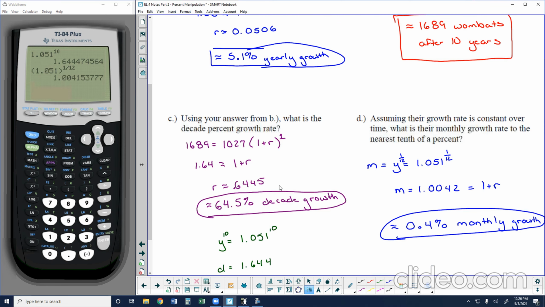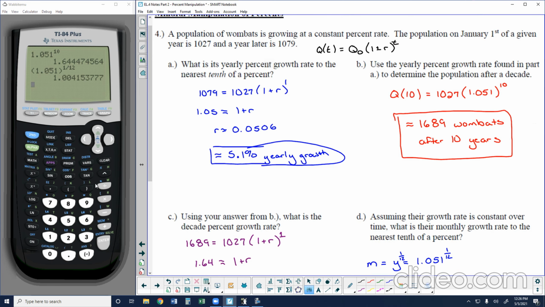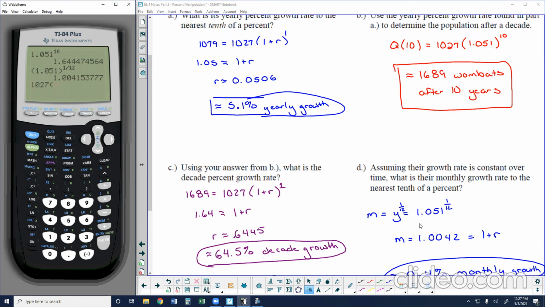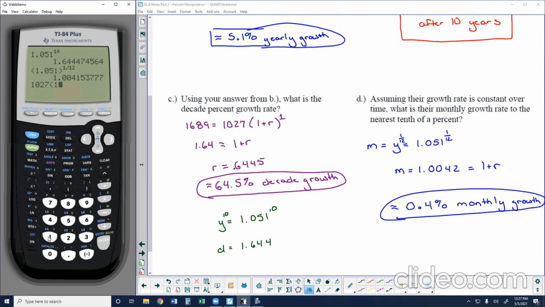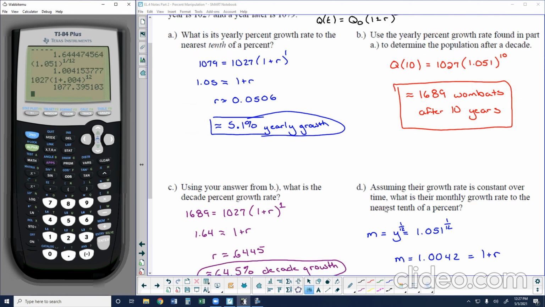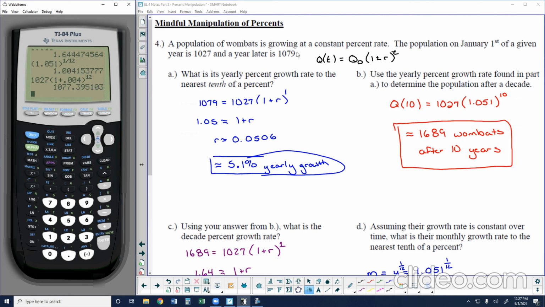So if I take Q of T, and I substitute in 1027, and then I use 1 plus 0.004, which is 0.4%, to the 12th power, to represent 12 months that this would occur at, you can see that this number is very near the same number that we had for the 1 year population. Again, the numbers are slightly off because we did some rounding.